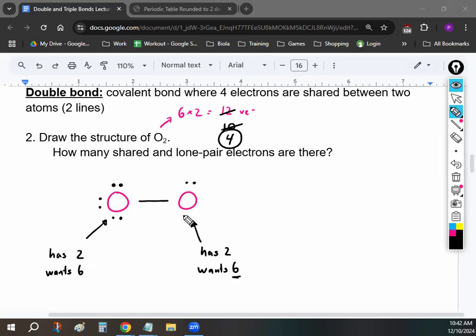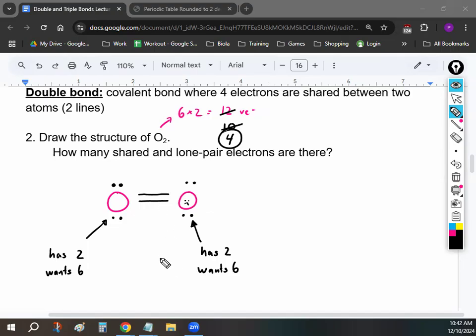If we give this oxygen 4 electrons, it is sad because it wants 6. This is the situation where we have to use something called a double bond. Because they both want 6 but we don't have enough electrons to give, we're going to take 2 of the electrons from this oxygen right here and create another bond in between them like that, which is going to be a double bond.